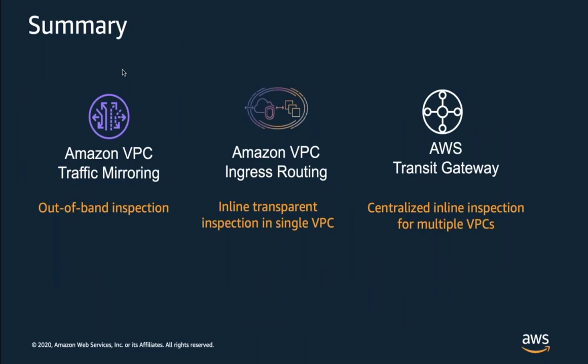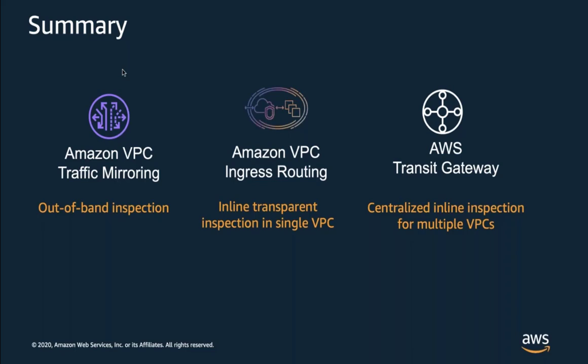Okay, so to summarize, we've covered a lot of different services here, covering how you can do traffic inspection. We talked about VPC traffic mirroring when we were looking at how you can do your inspection out of band. So send your traffic off to another appliance that will then do analysis and provide you information of what's happening with the traffic, whether for security purposes or just understanding the traffic flow.